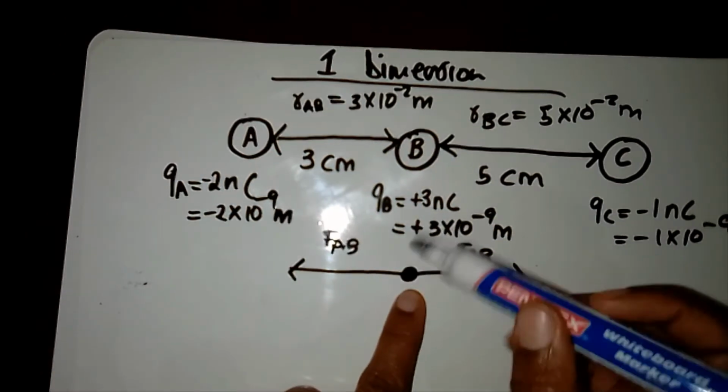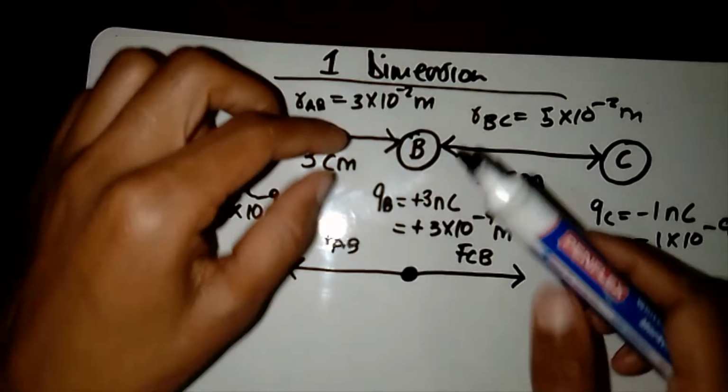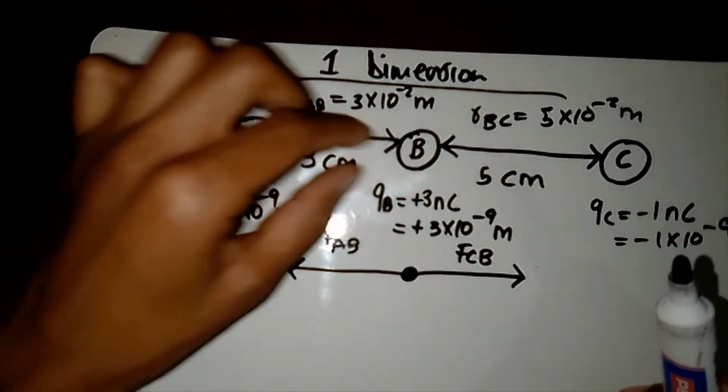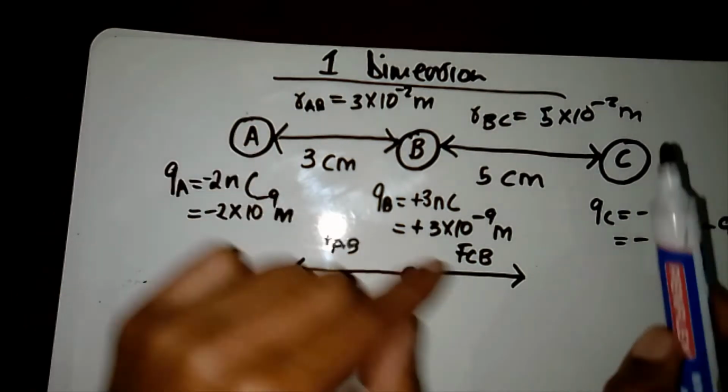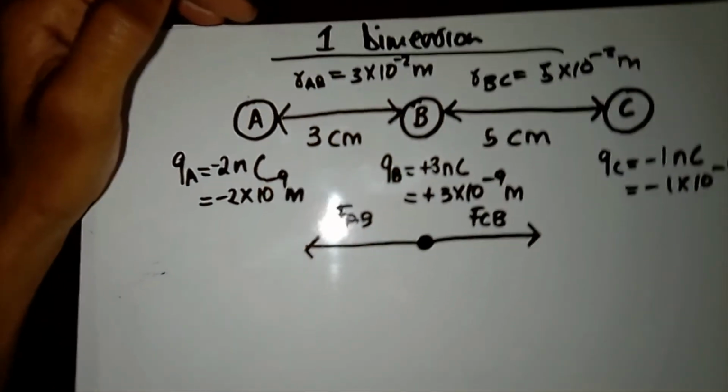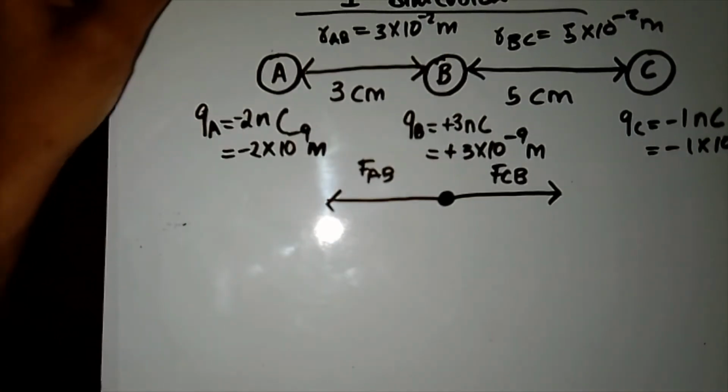This dot is the charge B, and these vectors show the forces that B experiences because of A, as well as because of C. Now we go back to our original equation.